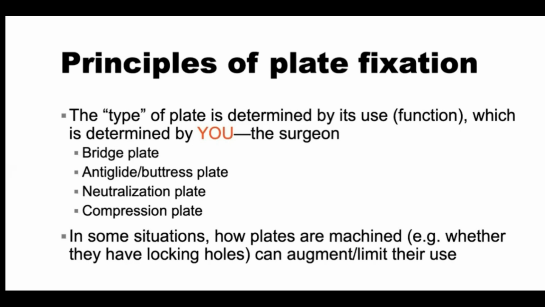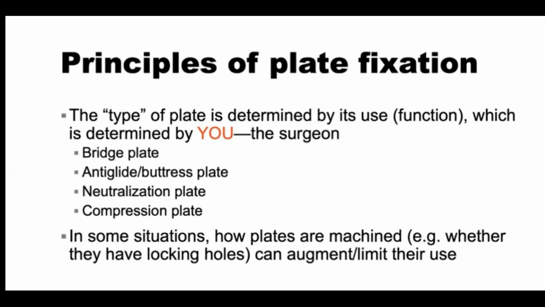And so we're going to talk about bridge plates, anti-glide or buttress plates, neutralization plates, and compression plates today. In some situations, you may notice, when you're in the operating room, that plates are machined in certain ways. One example is whether they have locking holes or whether they are anatomic plates, which means they've been designed to fit in a certain location in the body.